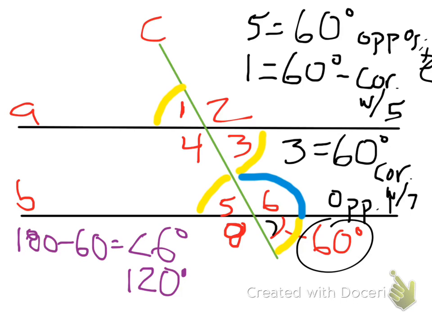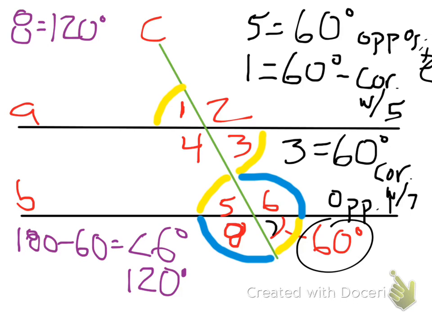Now, if I know the measurement of angle 6, I also know the measurement of angle 8. So I can say angle 8, oops, I'm going to switch pens there. Angle 8 is equal to 120 degrees. Now, I could do this for a lot of different reasons.